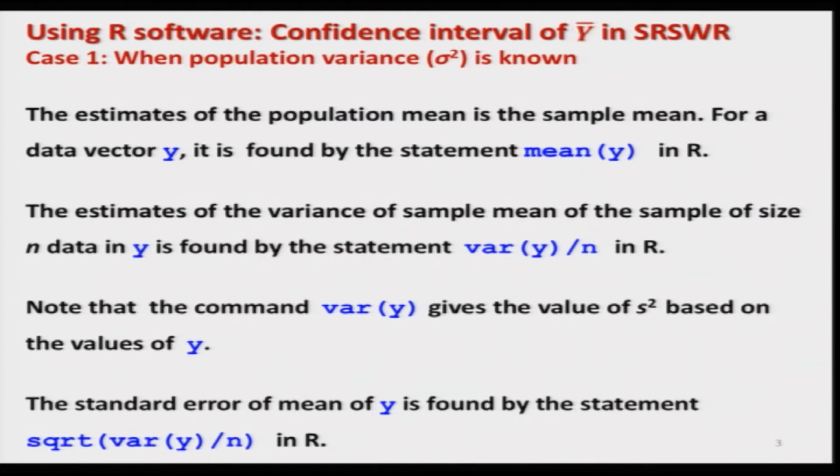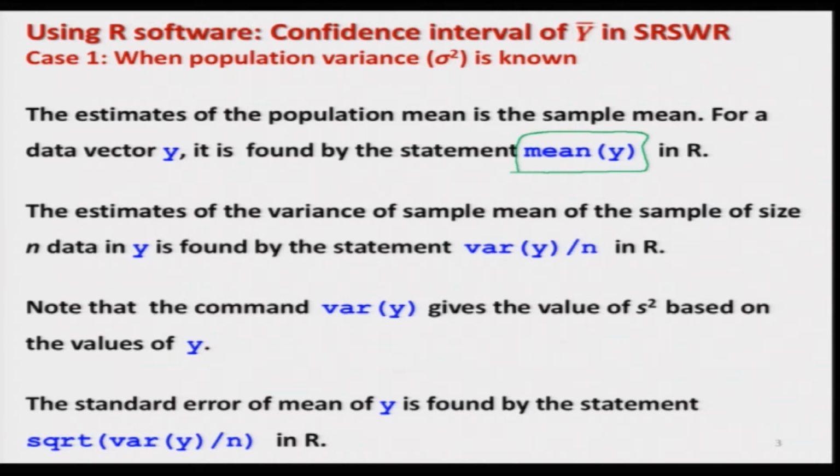When you go for the computation of variance and standard error as well as test of hypothesis, then this will make a difference. So if you want to estimate the population mean by the sample mean, we only find the arithmetic mean of the values. This can be computed by using the command mean of y, where y is my data vector that indicates the sample values.